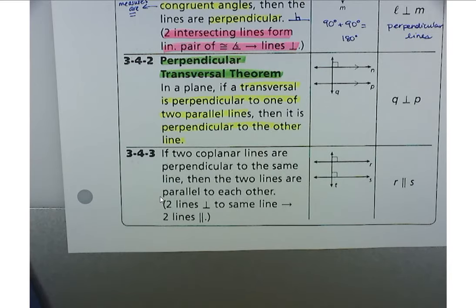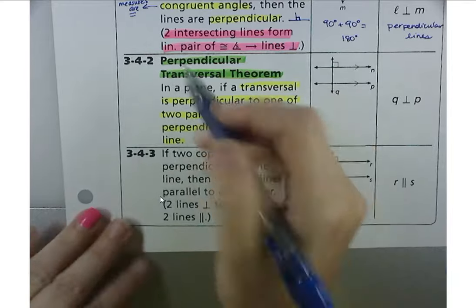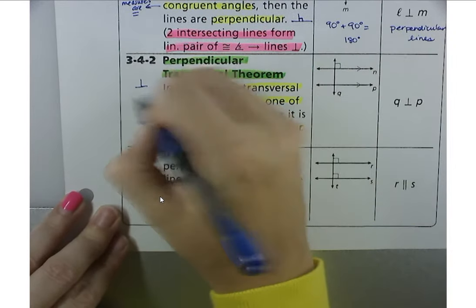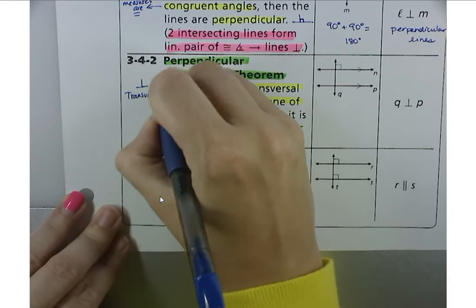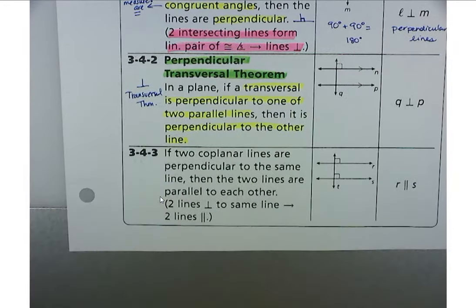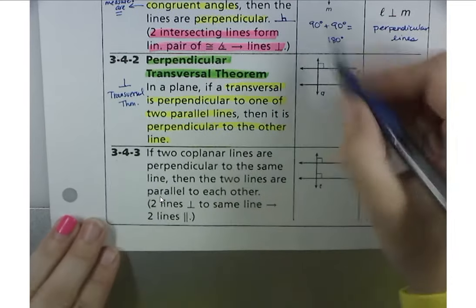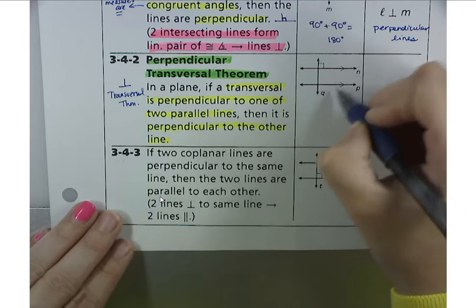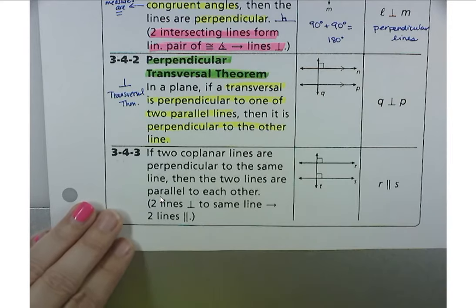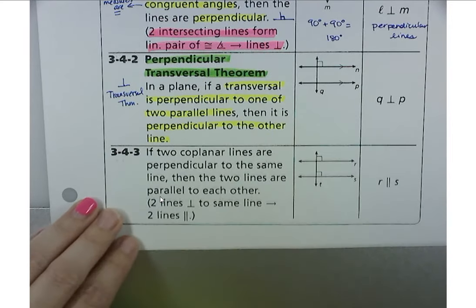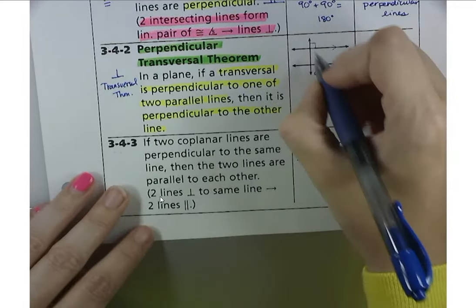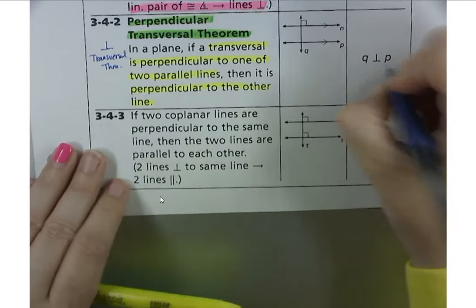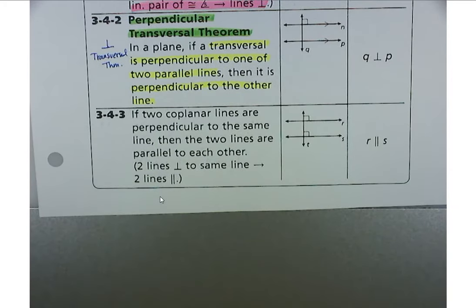Okay, so if you're going to use this in one of your proofs, you can just say the perpendicular transversal theorem. That says if a transversal is perpendicular to one of two parallel lines, then it's going to be perpendicular to the other line. And that would be your Q and P.